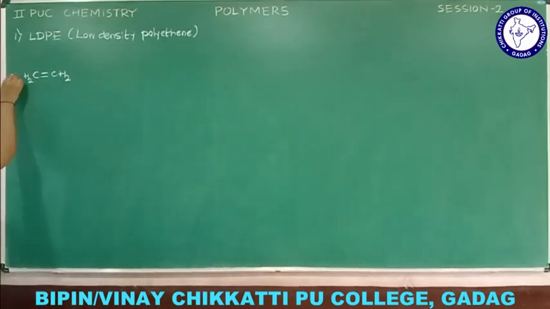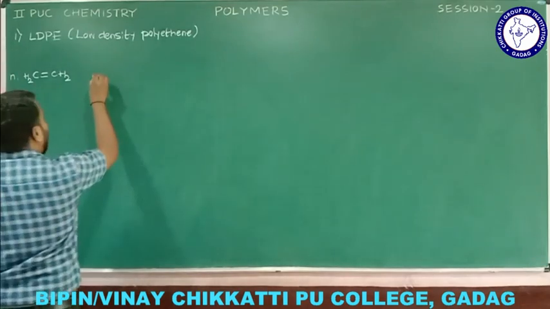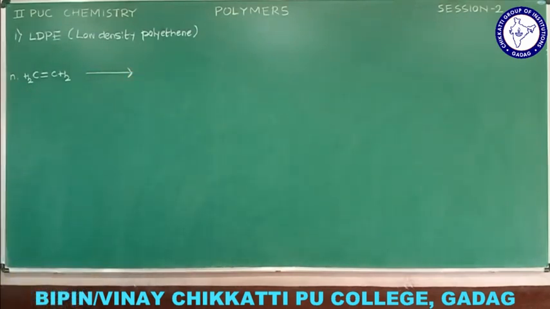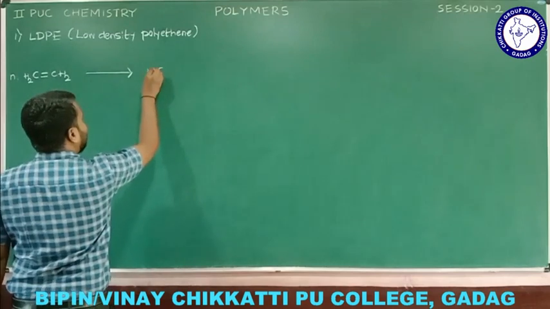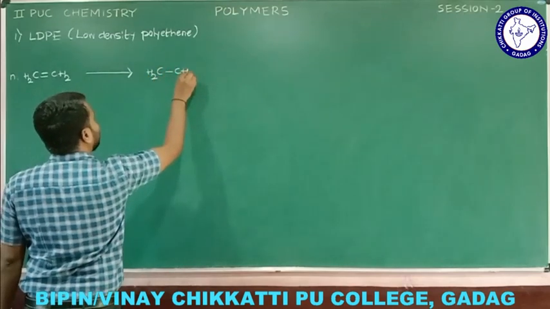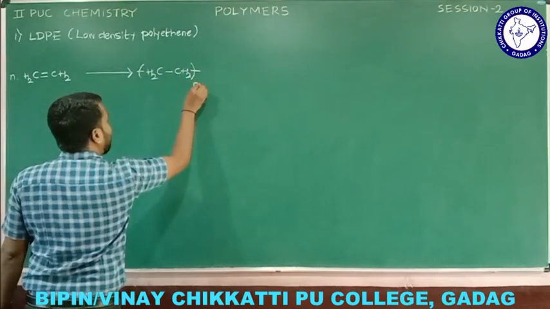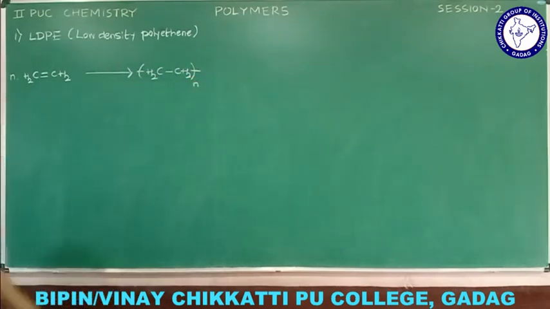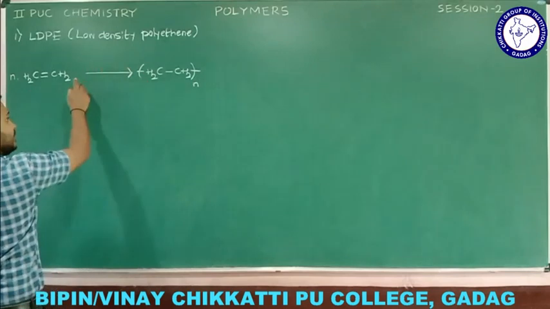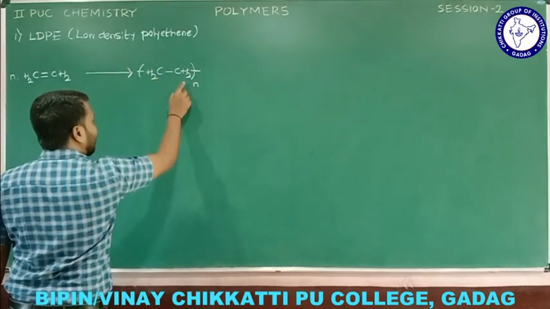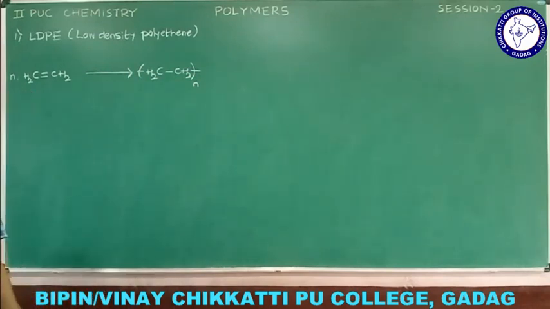Therefore I should write a small n, a large number of monomers, and of course it undergoes polymerization, and we are going to get the polymer, and that will be -CH2-CH2- in brackets with n. The left side continues, the right side also continues, and you have to write the subscript n.